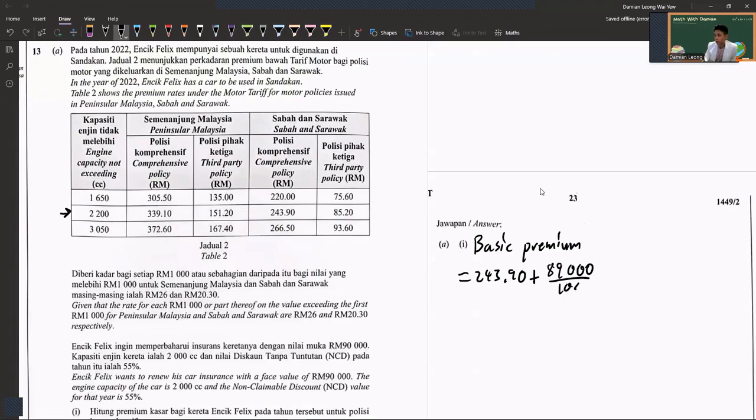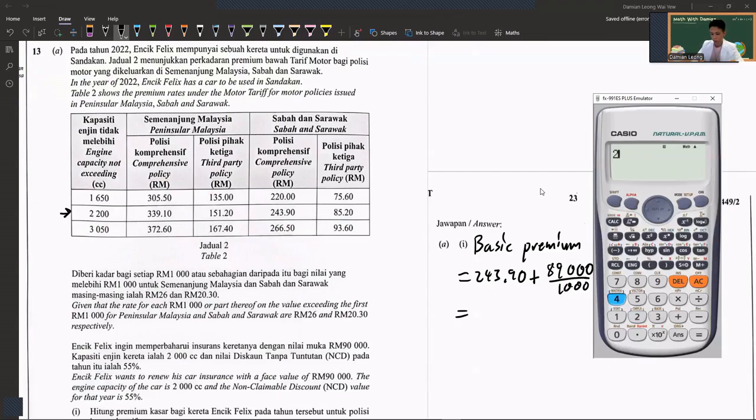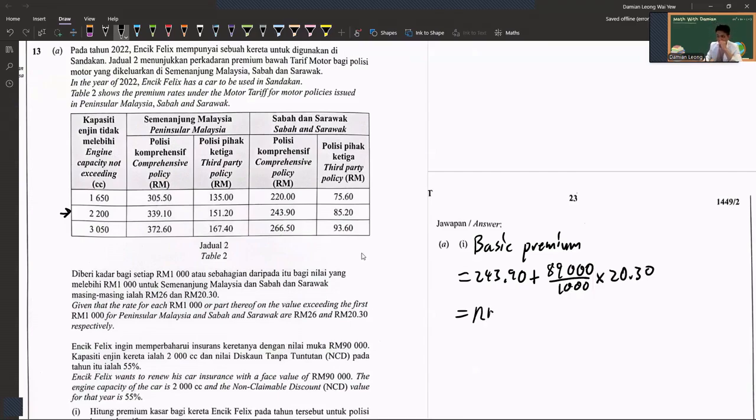Per thousand, so divide 1,000 times the rate, 20 ringgit and 30 cents for Sabah Sarawak. So calculate this, 243.9 plus 89,000 over 1,000 times 20.3. So 2,050 ringgit 60 cents.